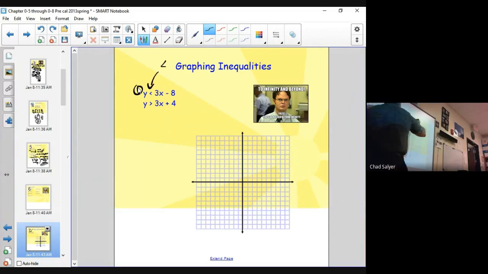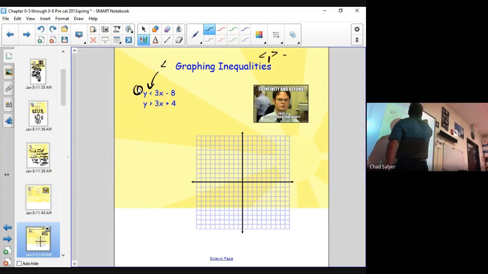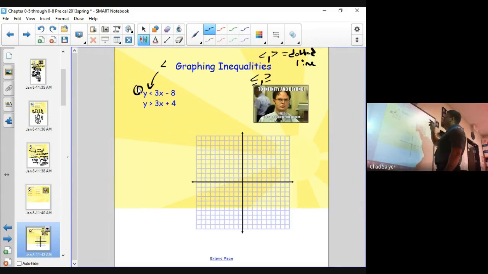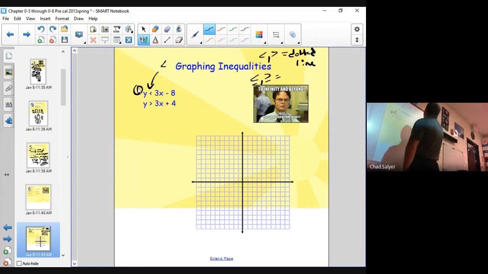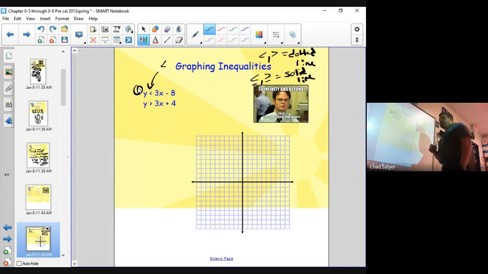Now, if you have less than or greater than, you're going to graph those with a dotted line, indicating that the line is not part of the solution. If you have an inclusive inequality, less than or equal to or greater than or equal to, you're going to graph those as a solid line to indicate that it is part of the solution. So in both cases here, we'll have a dotted line.